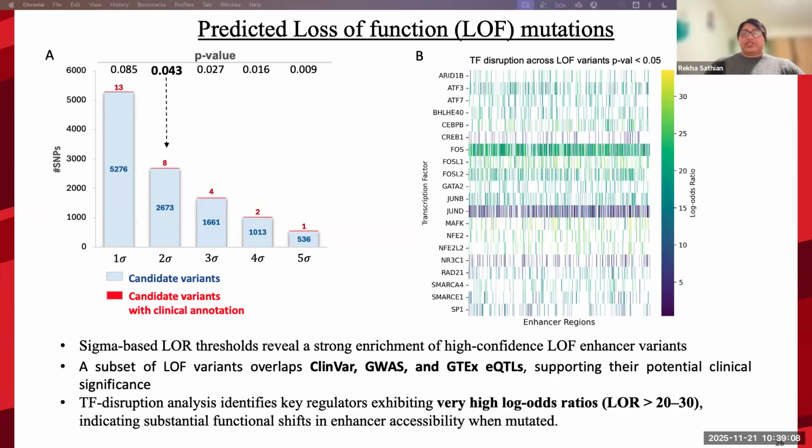Many of these disruptions show extremely high loss of function with high log odds ratio values, which indicate dramatic changes in enhancer activity. So the variants we identified aren't simply altering the model prediction, they may profoundly shift transcriptional programs, and this gives us a mechanistic explanation of how enhancer loss of function variants may contribute to disease-relevant regulatory dysregulation.